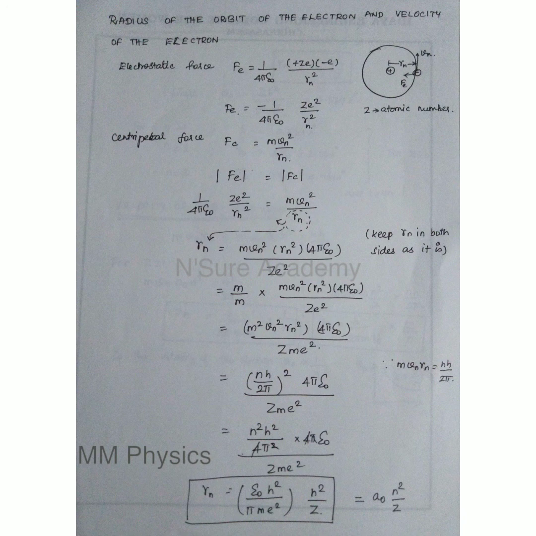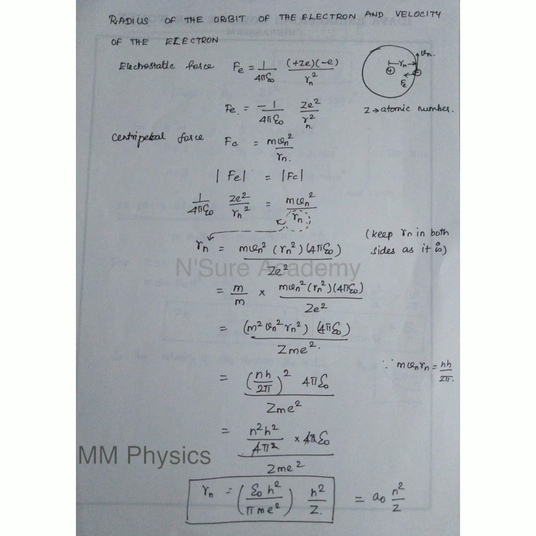Then multiply and divide by m, which is equivalent to multiplying by 1. So in the numerator we get m square vn square Rn square into 4 pi epsilon naught divided by Z m e square.